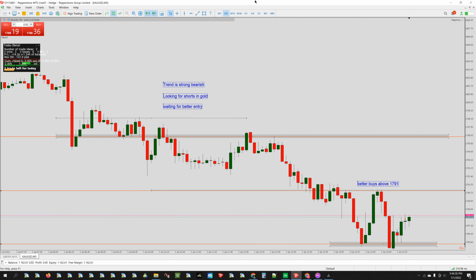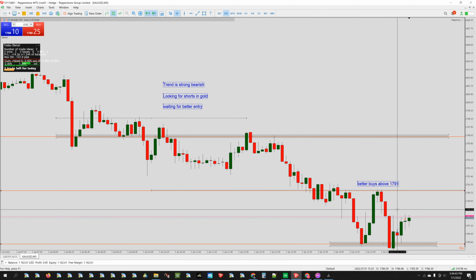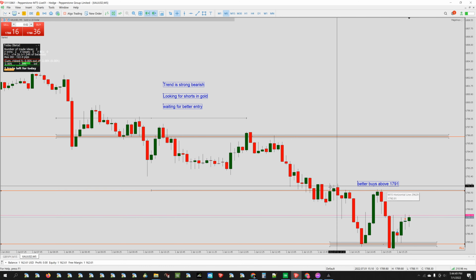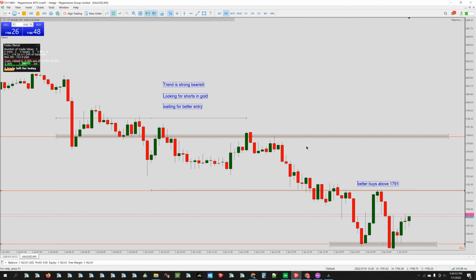So at this point there is still a very high probability that if the M15 candle closes like this, prices can keep pushing up first till the 1790 area, and if the volume is with us we can even move further to the 1796 area for buys.